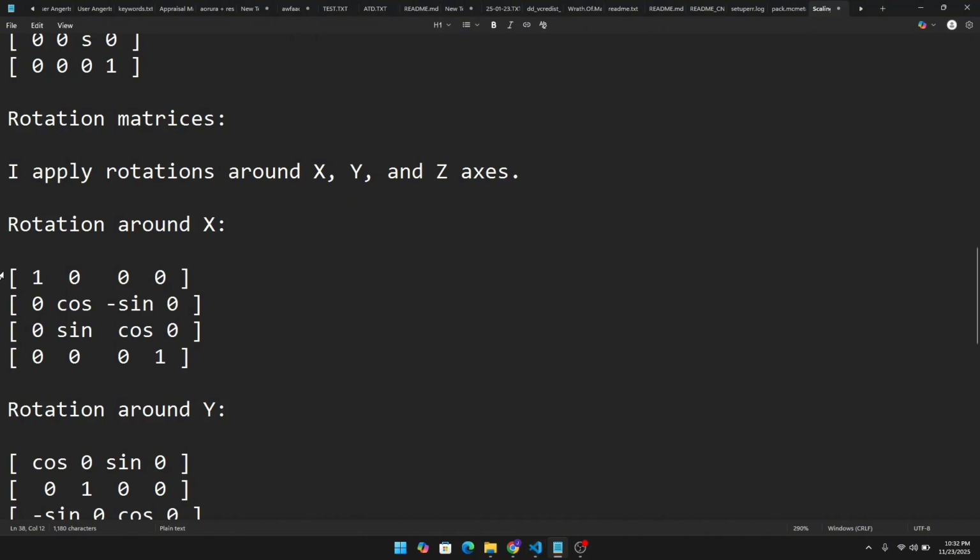This will be the matrix. For this, y equals y times cosine minus z times sine, and z equals y times sine plus z times cosine.